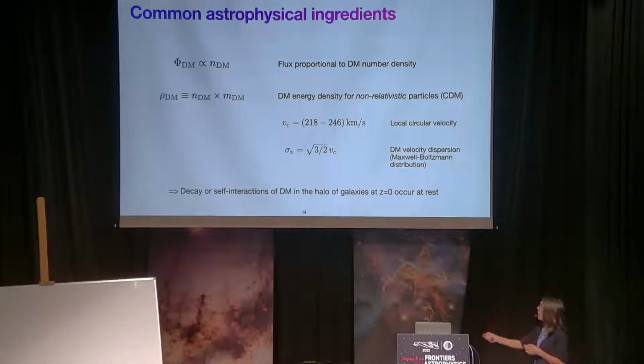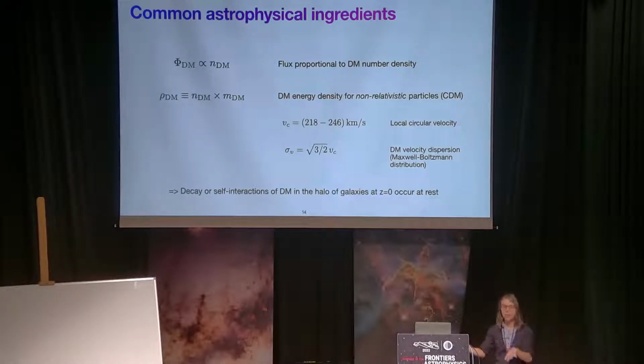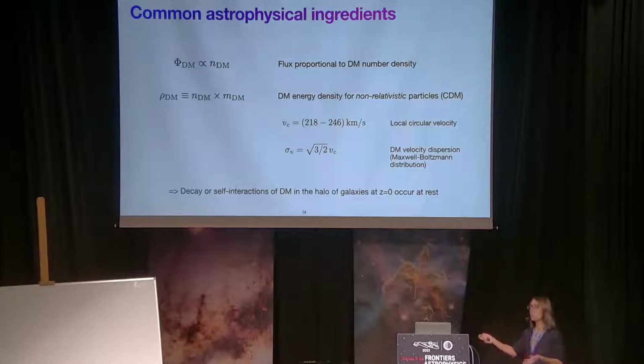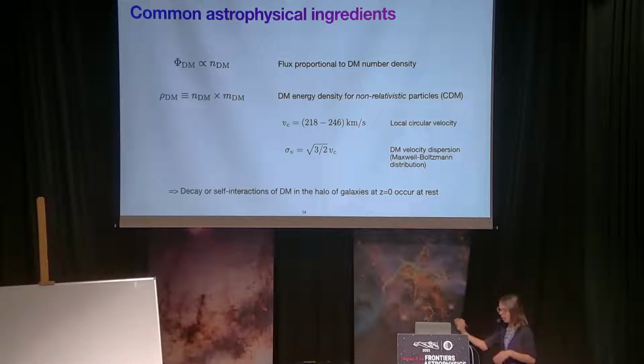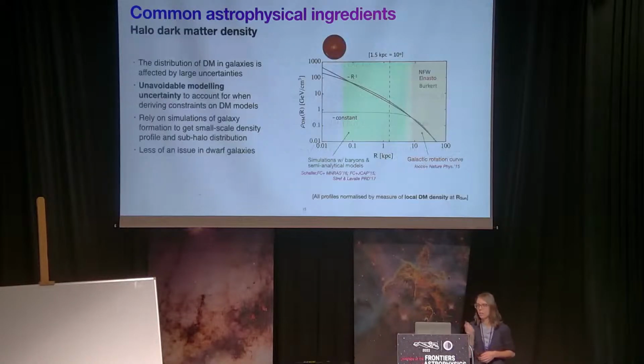What is important to take away is that dark matter today is not relativistic, and in the halo of our Milky Way, it's almost at rest. So any process is, as a matter of fact, occurring at basically velocity equal to 0. And this simplifies things quite a lot.